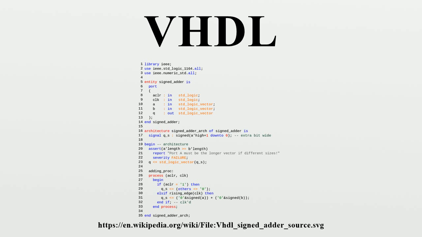The language has undergone numerous revisions and has a variety of substandards associated with it that augment or extend it in important ways. 1076 was and continues to be a milestone in the design of electronic systems.